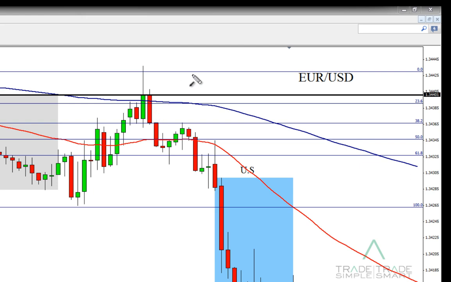Okay, we have the highs of the Asian session represented by the black line. We also have the 0.236 internal retracement of the previous day's low to high session, and we also have the 200 moving average. So we have three different technical levels falling together within a very tight range.